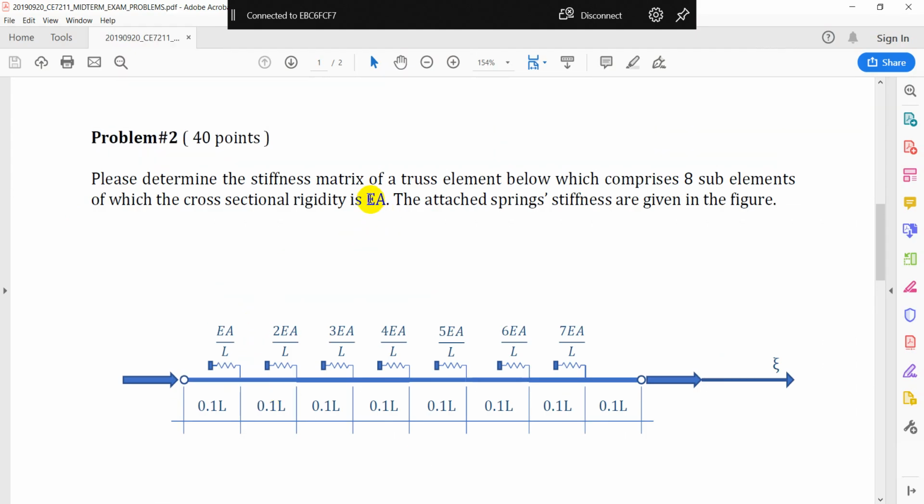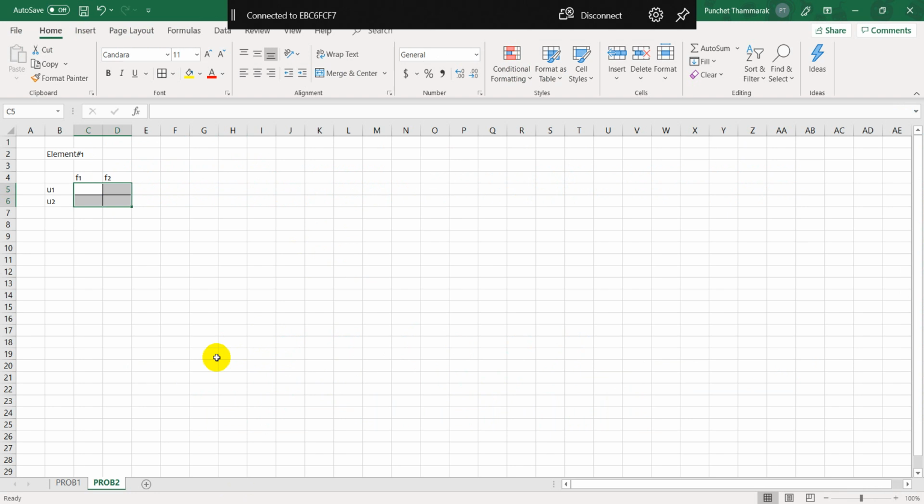EA, constant cross section, L is 0.1 L, right? So multiply by 10 EA over L. That's it. And over here you know that you're going to have 9 degrees of freedom. So I will set up the things to accommodate the whole system of equations.